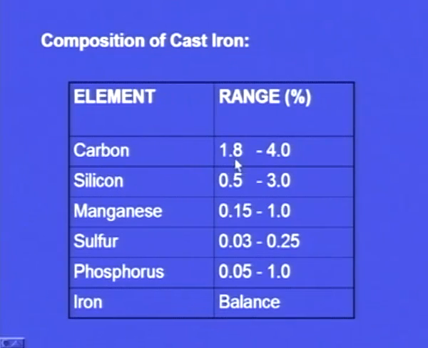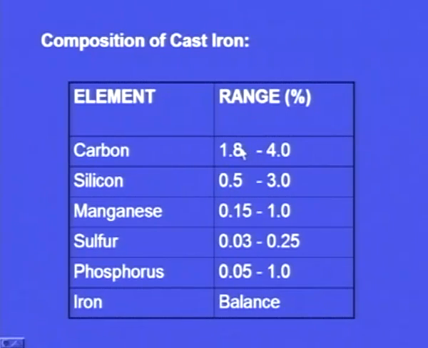The carbon varies from 1.8 to 4%, silicon varies from 0.5 to 3%, manganese varies from 0.15 to 1%, sulfur varies from 0.03 to 0.25%, phosphorus from 0.05 to 1%, and the rest is iron. So these are the alloying elements of cast iron.